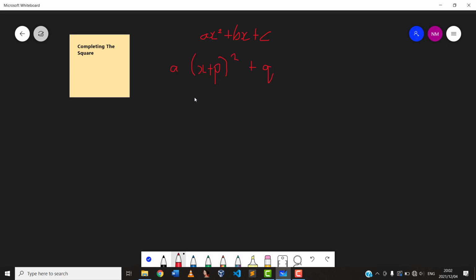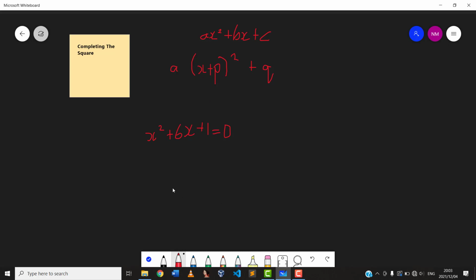So let's do an example, right? So let's get x squared plus 6x plus 1 is equal to 0. So we can see over here for this general form, x plus p squared.